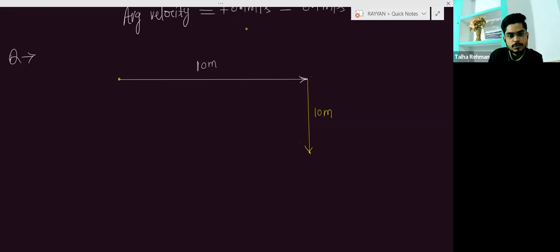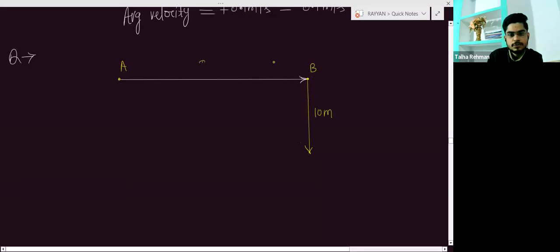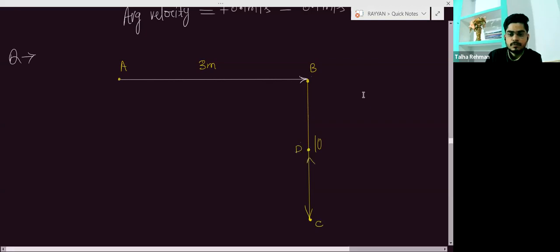This is point A, and this is point B. Change the distances to 4 meter, 3 meter. 10 meter moved in this direction, and this is point C. From point C, the person moved again to another point D. So finally the person is here.